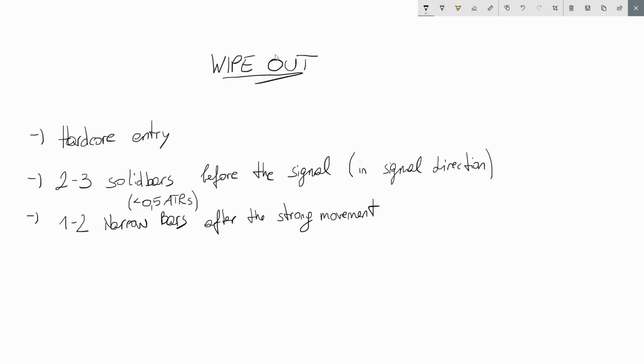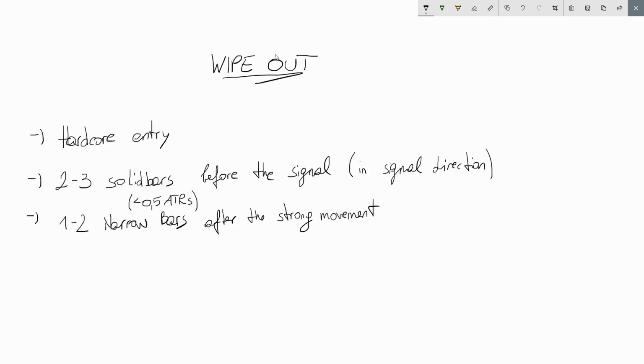After this little break, the market continues the strong movement again, and we want to be part of this continuation. This is what often happens. The market takes a small break to breathe, like a very small correction.